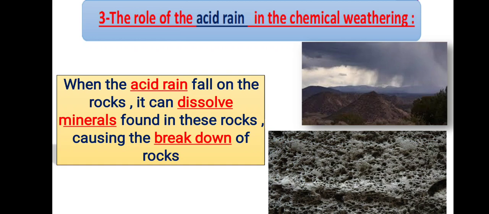So the acid rain is the rain coming from the mix between the carbon dioxide and the water of the air. When the acid rain falls on the rock, it can dissolve the minerals of the rock. So the rock becomes very weak and breaks down after that.